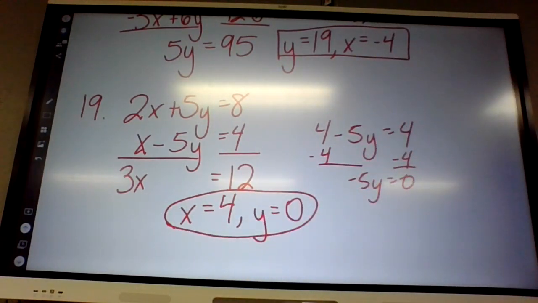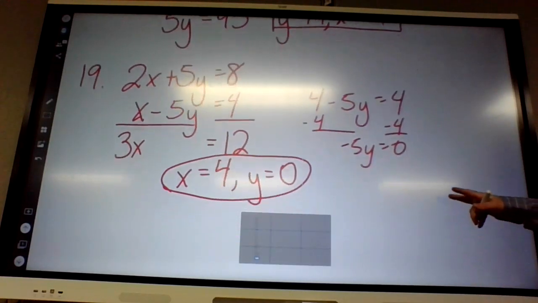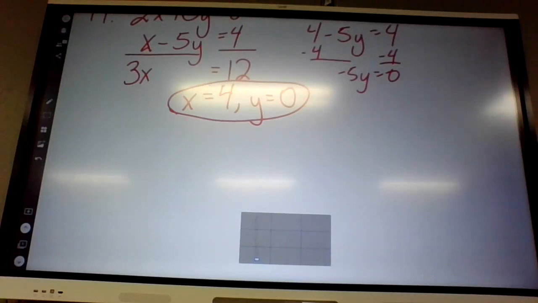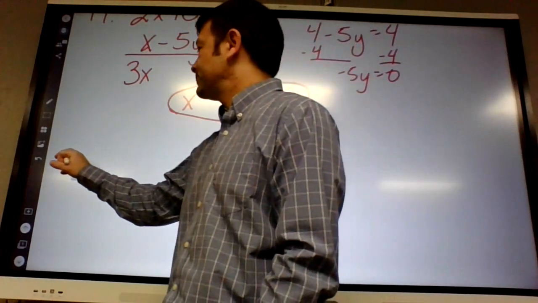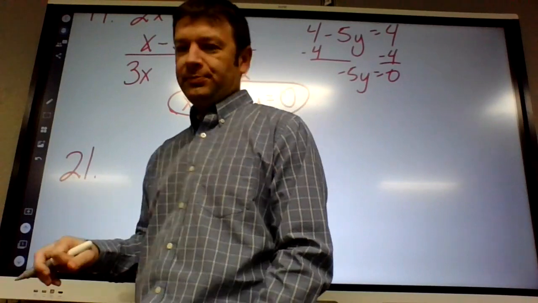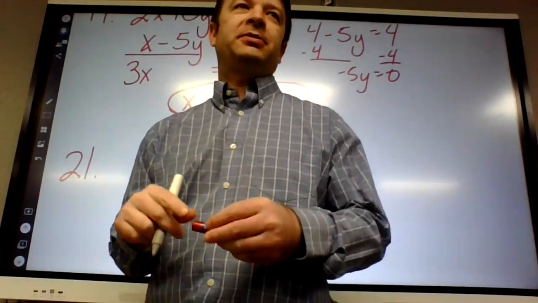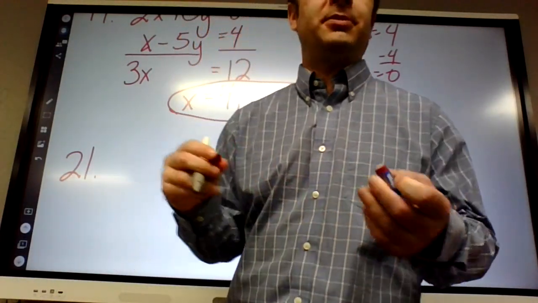Hey, guess what number we're on this one? 21. Come on, everyone. Caleb used to say that all the time when he was in 6th grade. Actually, he said it all the time like last year, so that's how long it took him to get over it.